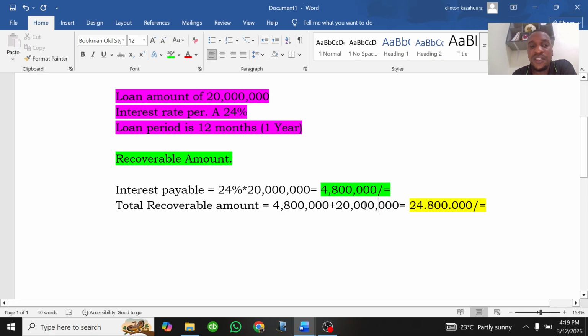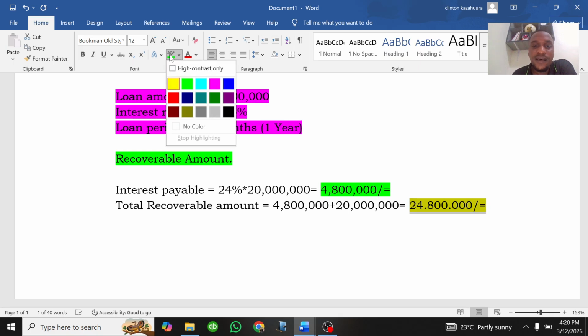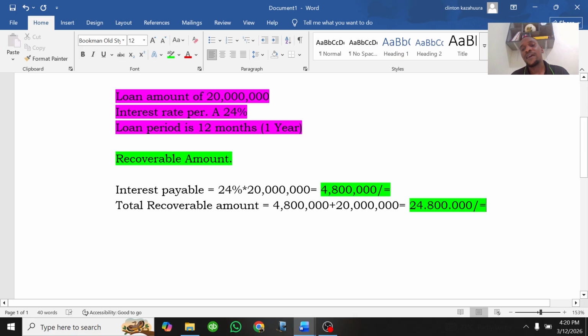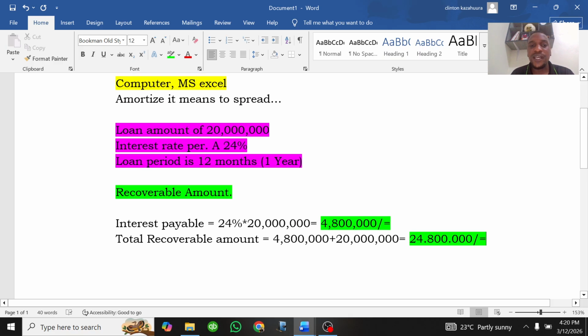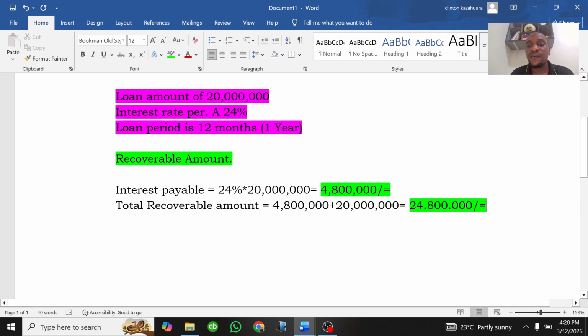The 20 million is the principal, then the 4.8 is the interest payable, giving us the total amount to be recovered by the institution as 24.8.